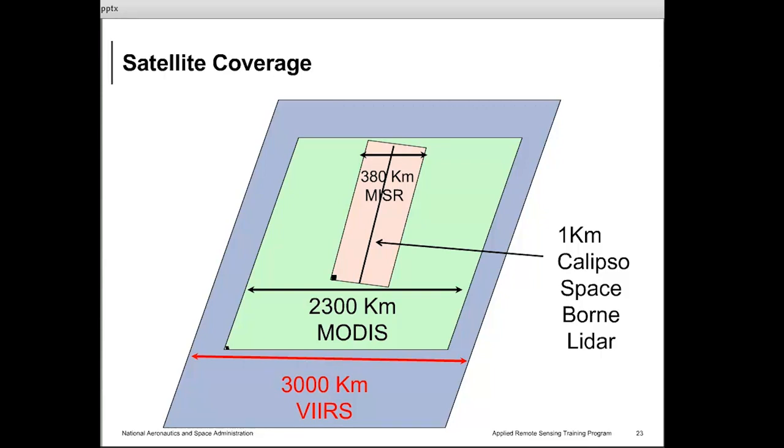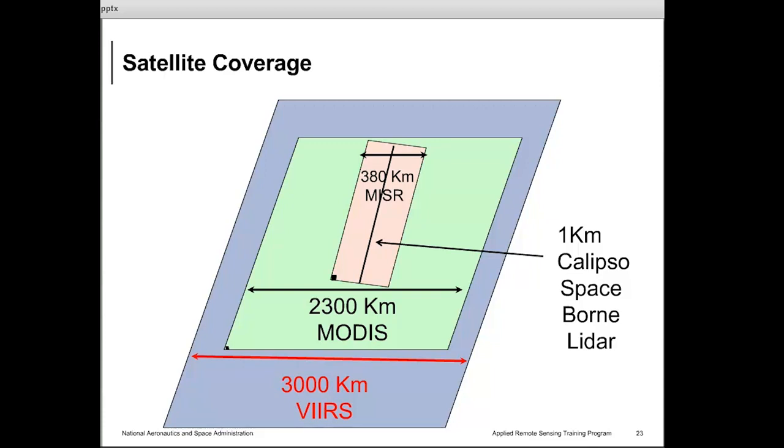And then we have CALIPSO, which is an active lidar in space and has a very narrow swath width, almost 1 kilometer, because this is an active sensor. Again, we will talk about this when we go into the aerosol products in week 3.